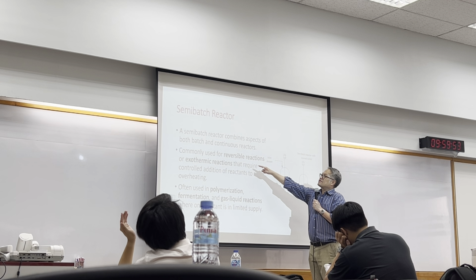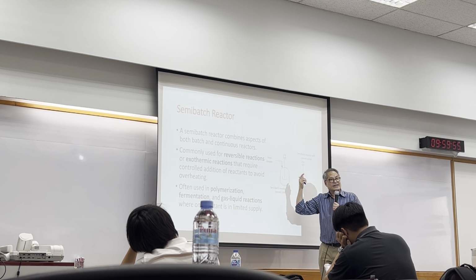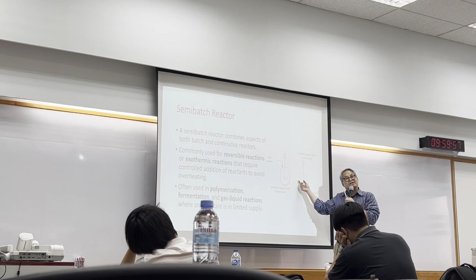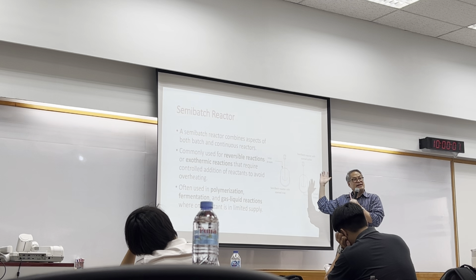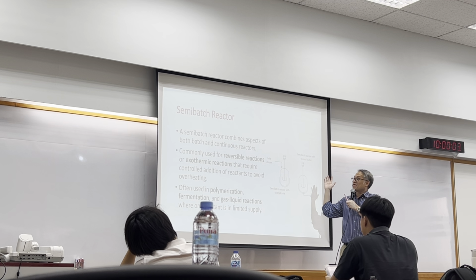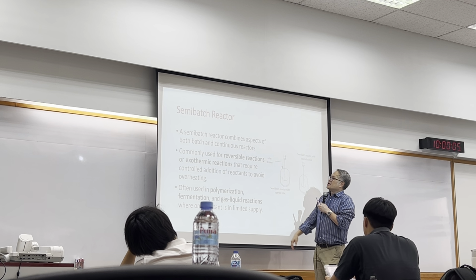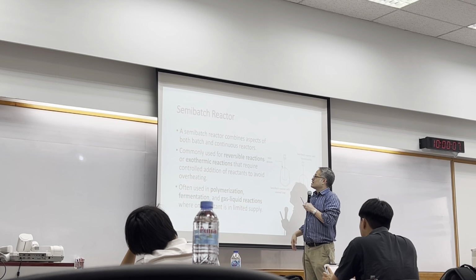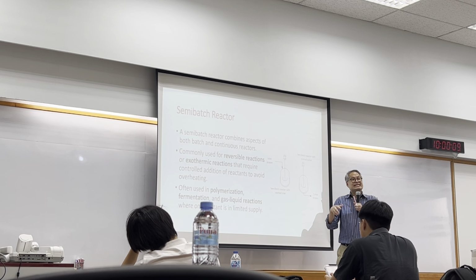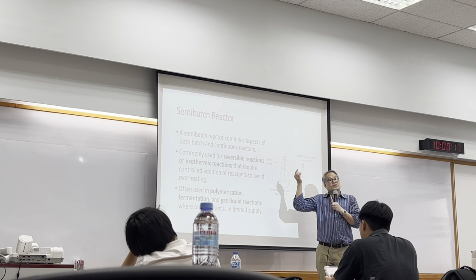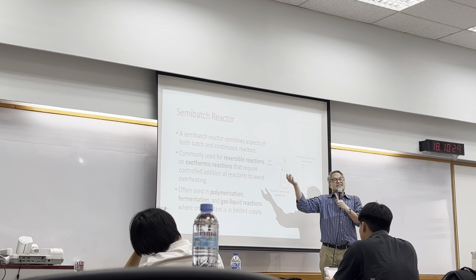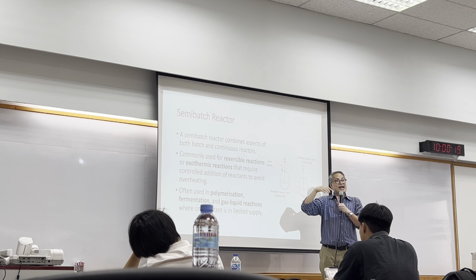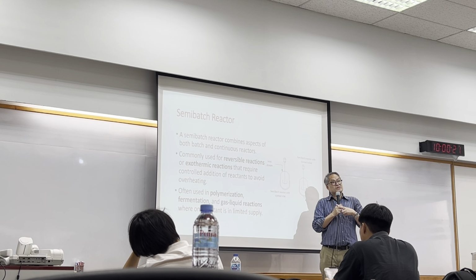Usually commonly used for reversible reactions, because if you continuously remove the product, it shifts the equilibrium to the product side, so we make more products. Or exothermic reactions, meaning reactions that release heat, we might need to control the input of the reactants to control the amount of reaction that occurs, because that will control the temperature.